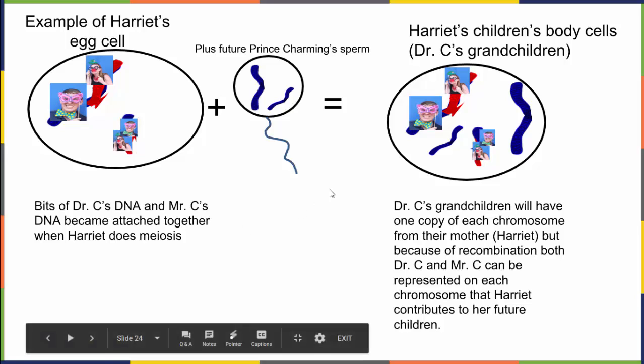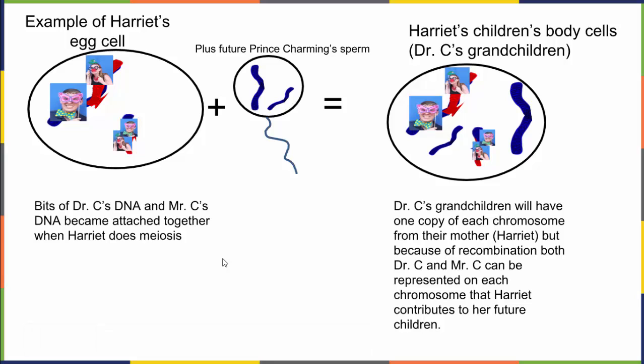So it's kind of interesting to think about that when you have a child, and when your child makes their gametes, the DNA of you and the DNA of the other person, husband, wife, partner, whoever, is going to actually be linked together permanently in the future. So recombination is basically the process of biologically sticking together bits of the two parents' DNA.